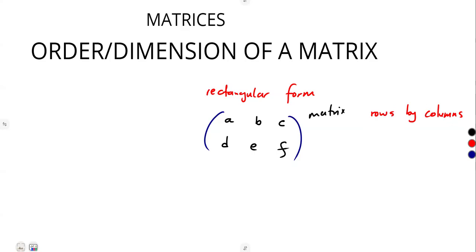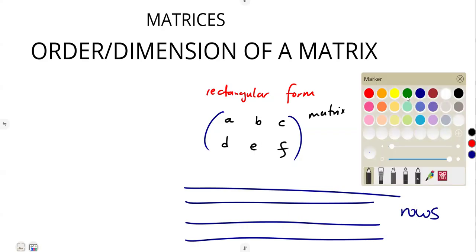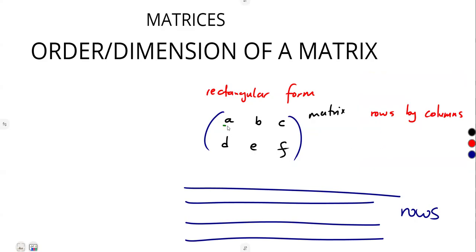How many rows? The rows are this horizontal presentation. In this case, if we consider the rows, this part with A, B, C is a row, and we have this one again as a row. So we've got 1, 2 rows.